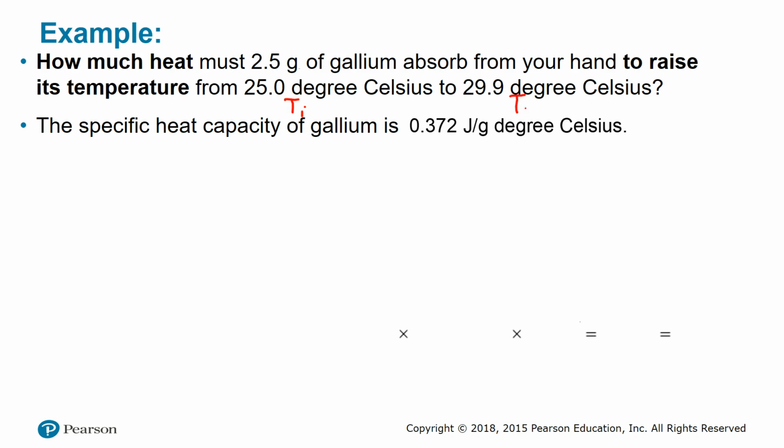So if we do TF minus TI, we can get delta T very easily. The thing is, it's asking for how much heat. So what symbol is going to represent heat? Q. So we're solving for Q.